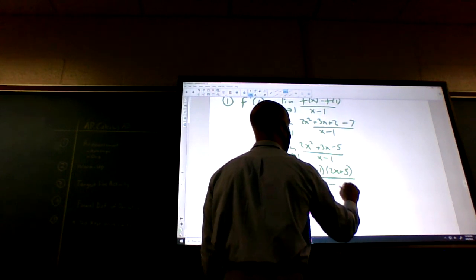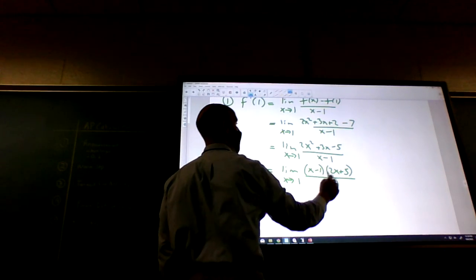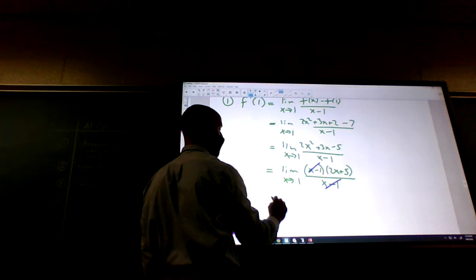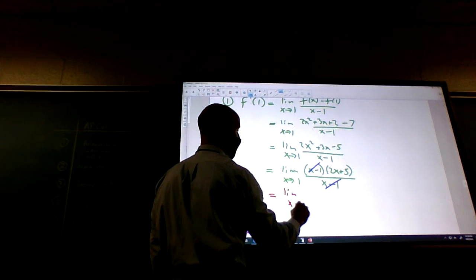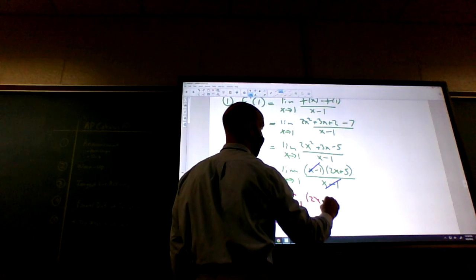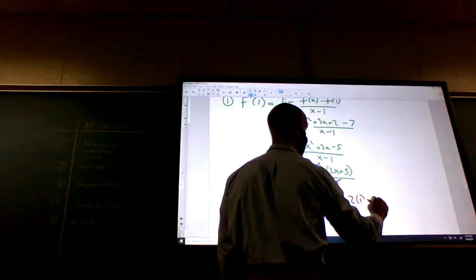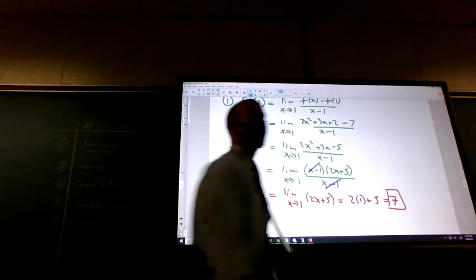Again, this is an algebra 1 skill, so I'm not going to spend time talking about how you factor. If you need help with that, please see me on the side. Oh, guess what happens now? X minus 1 and x minus 1 cancel, which is very good because that's where the issue was. So we're going to get the limit as x goes to 1 of 2x plus 5. Now we can do direct substitution, and you get your answer of 7.